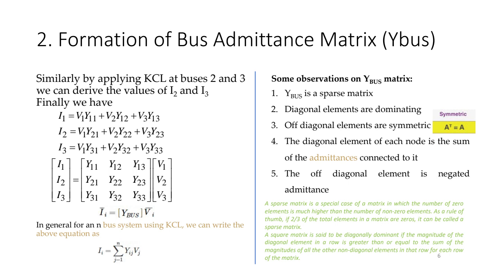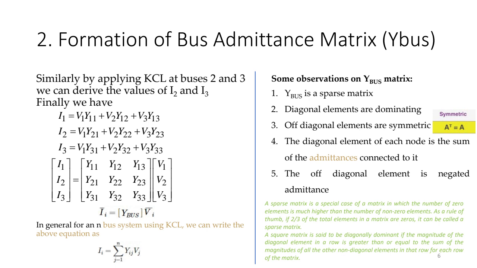In the typical example, we consider a 3-bus network, but in a complex power system the number of buses can be N. It could be 5 bus, 10 bus, 20 bus, etc. So applying the KCL formula for any network, we can write I-bus equals the summation over j equals 1 to N of Yij times Vj.